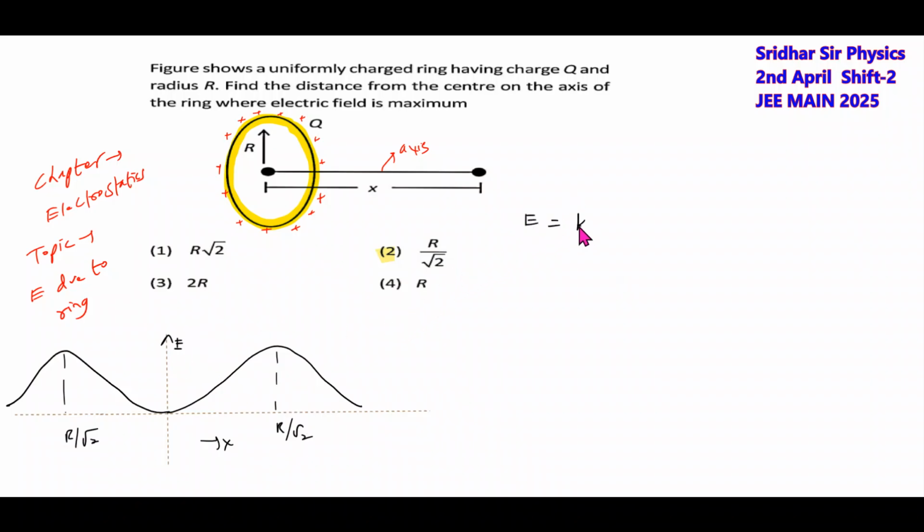In general the formula is KQ X by R square plus X square to the power of 3 by 2. This is the expression for the electric field produced by the charged ring. Differentiating this and equating to 0, we get X equal to plus or minus R by root 2, where the field will be maximum, and it is 0 at X equal to 0. This is a direct question from electrostatics, E bar due to the ring. From this graph you are able to understand.